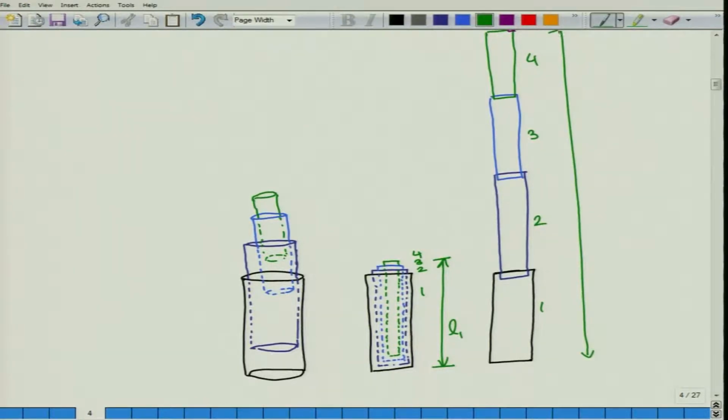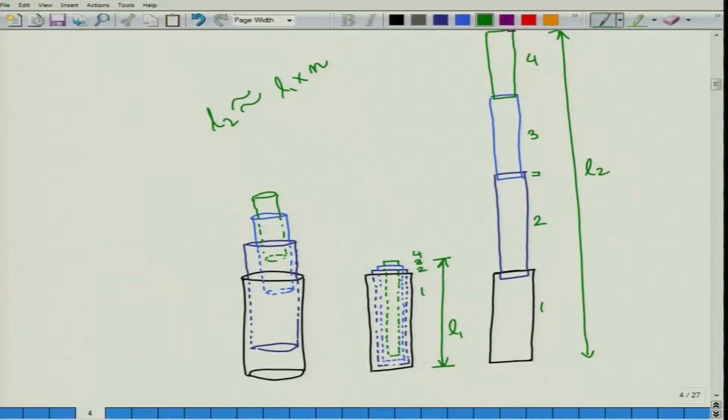Let us call this expanded length L2. So, L2 is approximately equal to L1 times the number of tubes. Why is this approximate? Because a very small portion remains inside the second tube when we have completely expanded it.